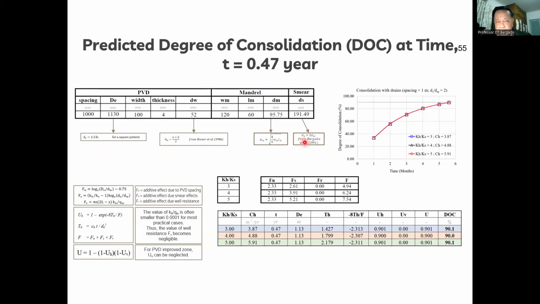The smear zone is d_s equals 2 times d_m, equivalent diameter of the mandrel. And the Hansbo equation is here. We have F_n, F_s, F_r, and then k_h over k_s, 3, 4, 5. Here, 3, 4, 5. c_h, we get it. And the degree of consolidation is 90.